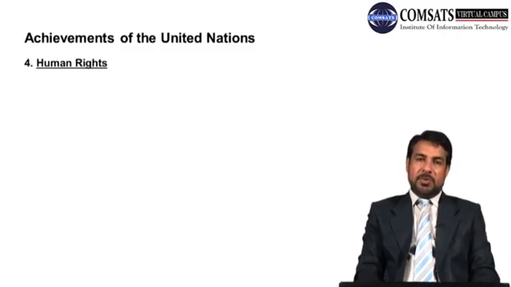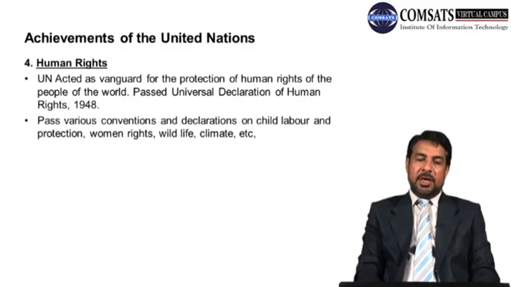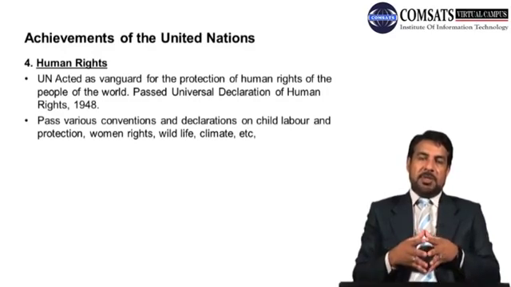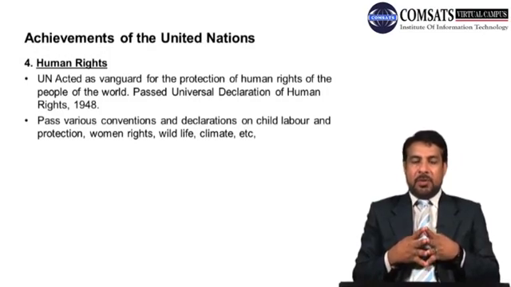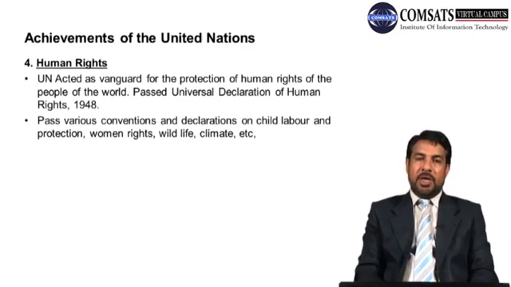The fourth achievement of the United Nations is that it has helped in protecting human rights. It has acted as a vanguard for the protection of human rights of the people of the world. It passed the Universal Declaration of Human Rights in 1948. So soon after its establishment in 45, it worked for the protection of human rights. और 1948 में इन्होंने जो एक रेजोल्यूशन पास किया है जिसका नाम है यूनिवर्सल डिक्लेरेशन ऑफ ह्यूमन राइट्स.